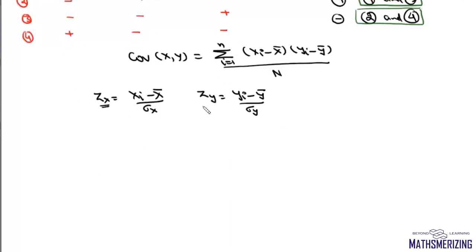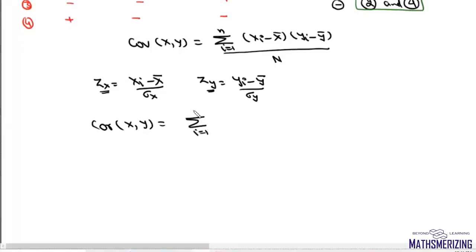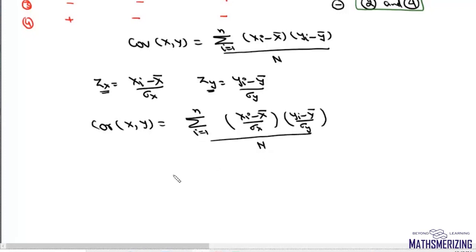Now if we define covariance for these standardized variables, we call it correlation and we write it as correlation of x and y, and this correlation will be given by summation i varies from 1 to n of xi minus x bar upon sigma x into yi minus y bar upon sigma y, whole divided by n, which is summation i varies from 1 to n of xi minus x bar into yi minus y bar, whole divided by n into sigma x sigma y.